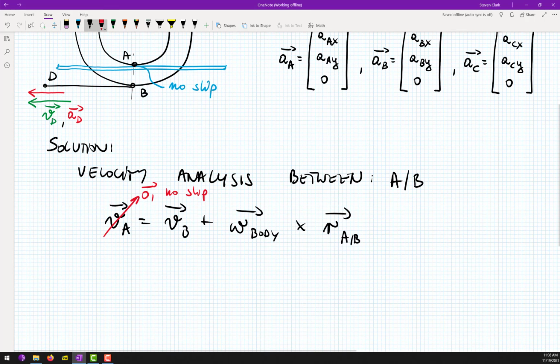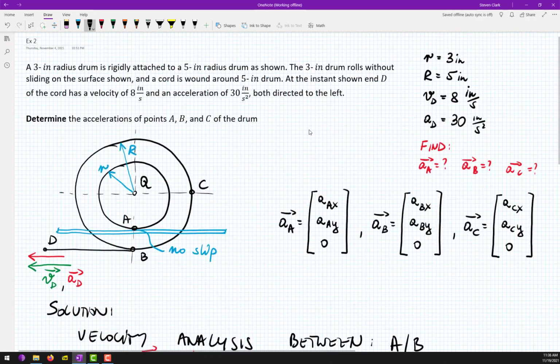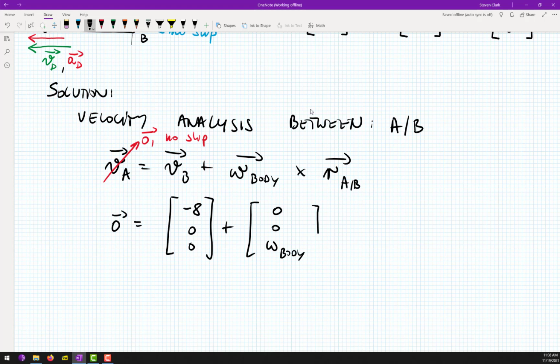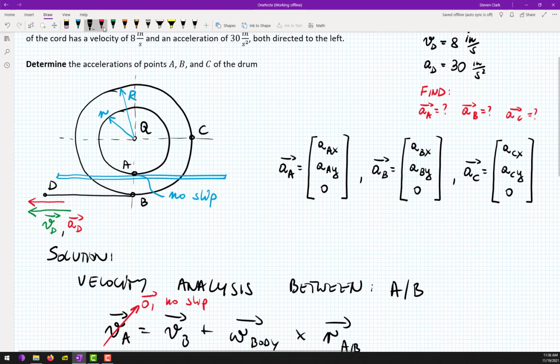So we will have 0 is equal to, I believe, -8, 0, 0 plus 0, 0, omega body times that vector. Let me draw it in the picture from A to B. So this is RAB.